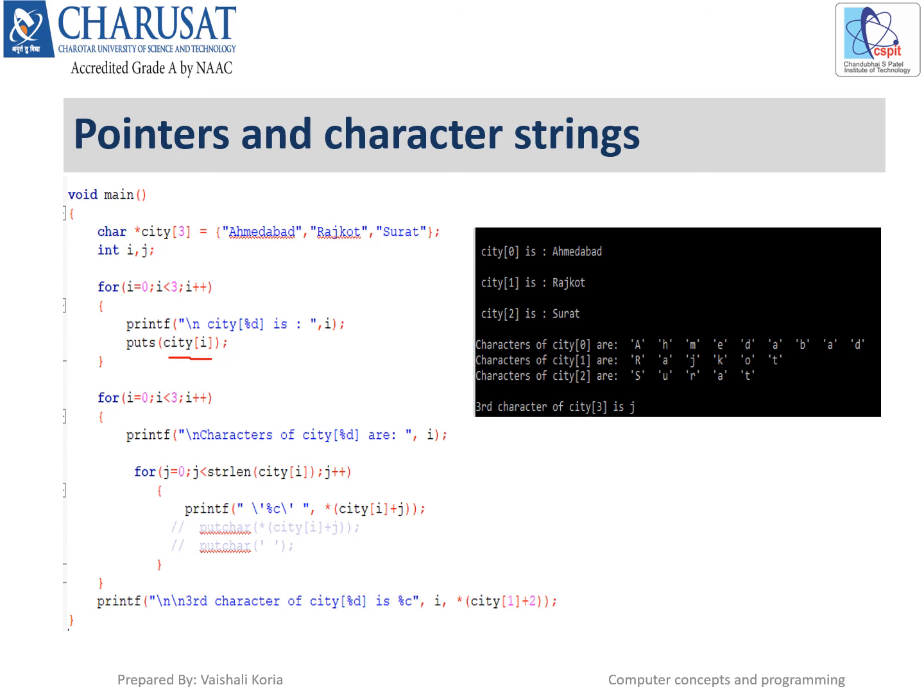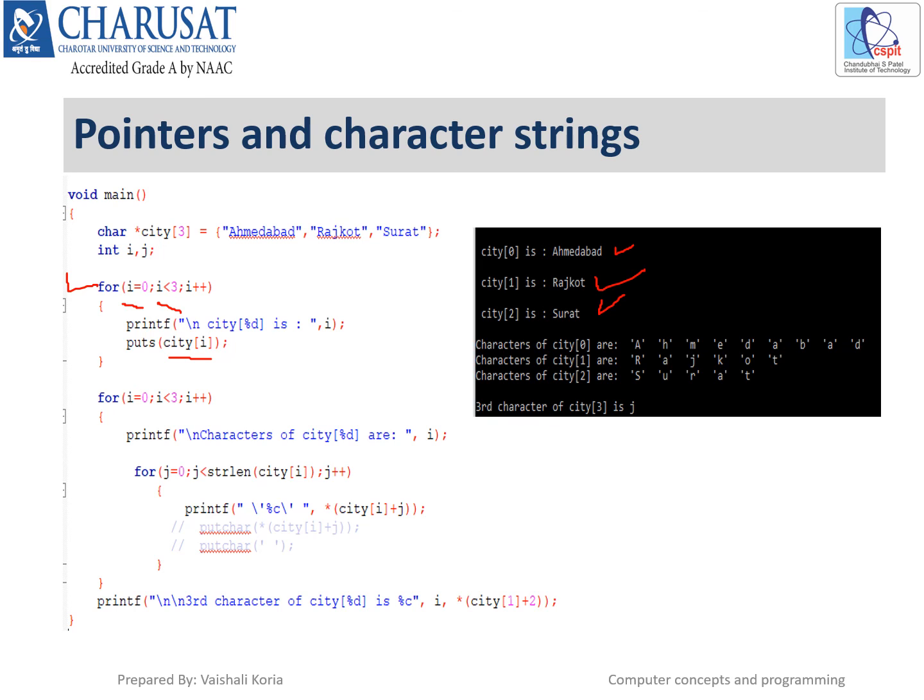But as we have to print 3 values, we can use a for loop. So i will start from 0, less than 3. In each iteration it will print the value of city 0, which is pointing to Ahmedabad, city 1 Rajkot and city 2 Surat. So you can see the output here.